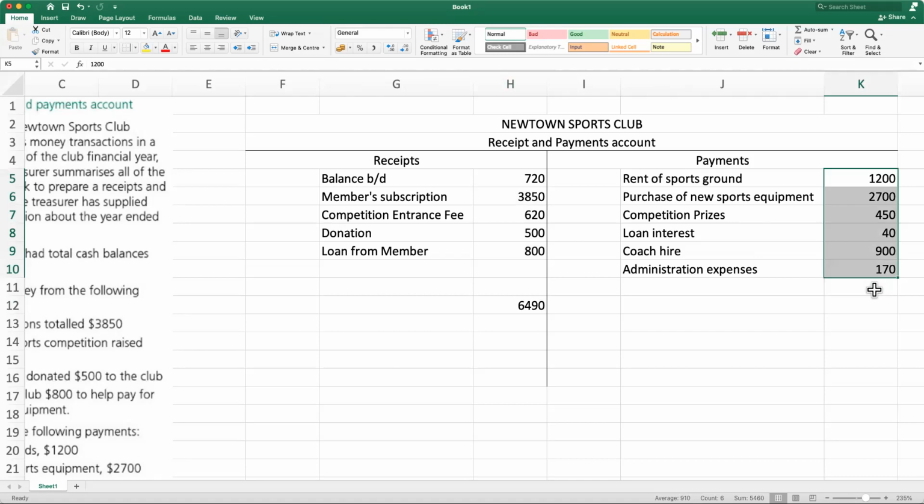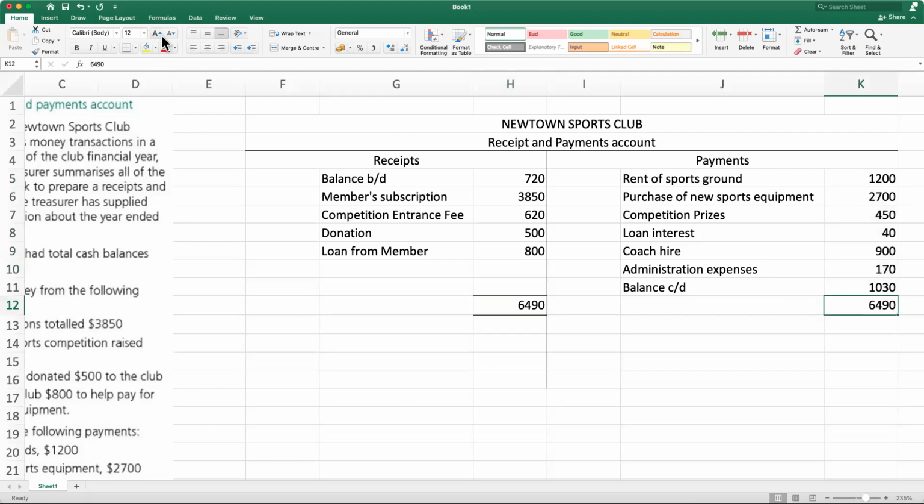So 6,490 minus 5,460 is 1,030. 1,030 will be your balance carried down. Once you're done with this, you're good to go. You don't need a balance brought down here. If you want, you can just write here, balance brought down, 1,030.